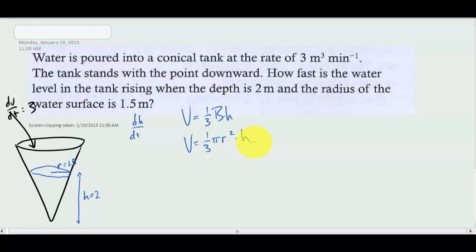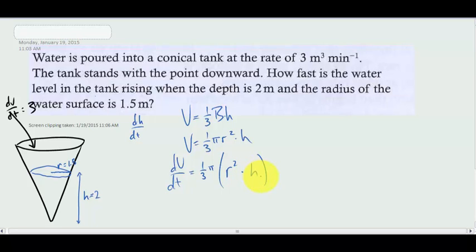So let's find how all these rates are related to each other. We're going to differentiate with respect to time. We're wondering how things are changing as time goes on. So on the left side we have dV/dt equals, now for the fun. What do we really have on the right-hand side? We have 1/3 pi, that's a constant, times r squared times h.